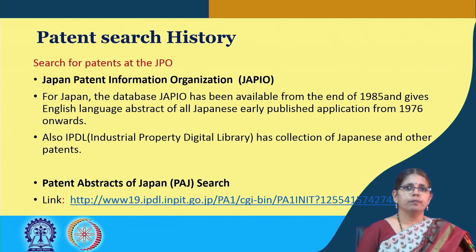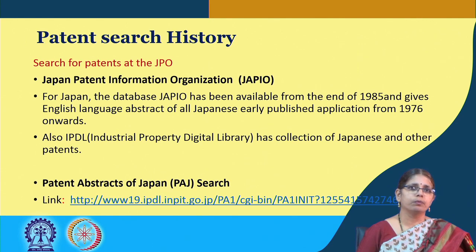So, the Japanese patent office has also gone through a whole series of changes when it comes to storage of patents, where you have the JPO, which is the database that is available, and in 1985 is the time when all English language abstracts of Japanese published applications were available.